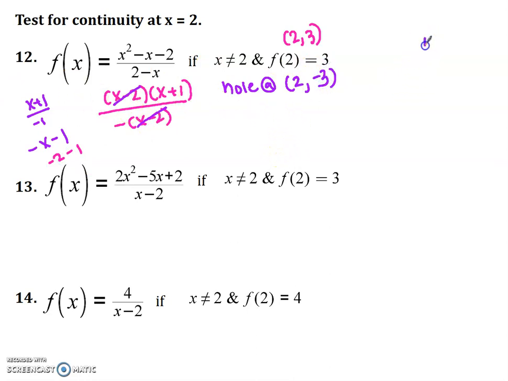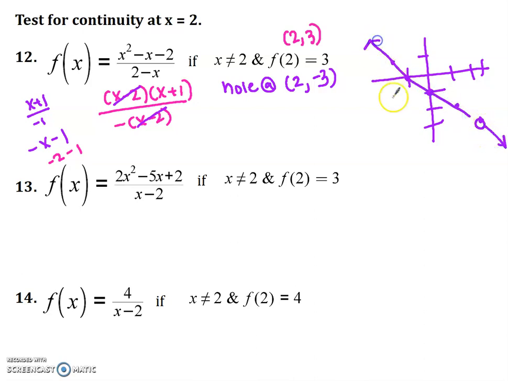Okay. So if we were to think about this on a graph, we would have the graph of this line. So that would be y-intercept of 1, slope of negative 1. And then I would have a hole at 2, negative 3, so this would be an open circle. So my line would look like this. Okay, so that's what this graph would look like.